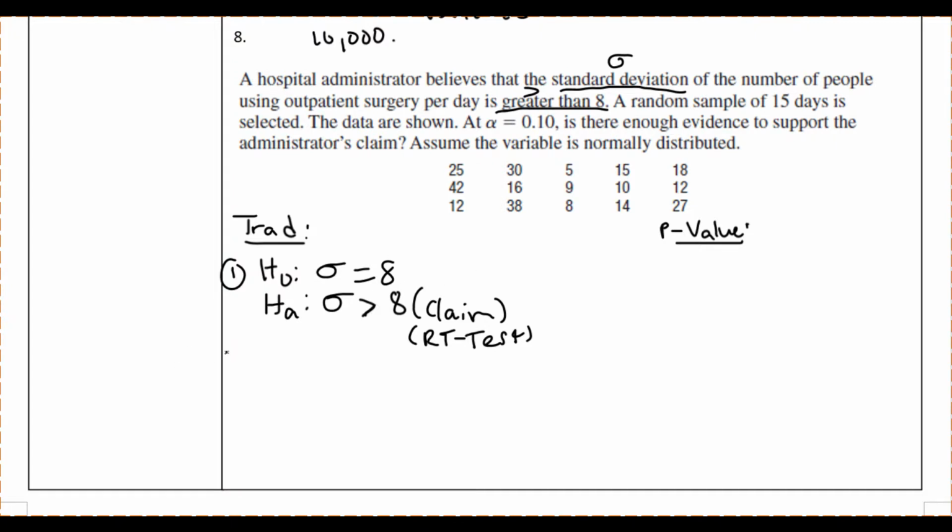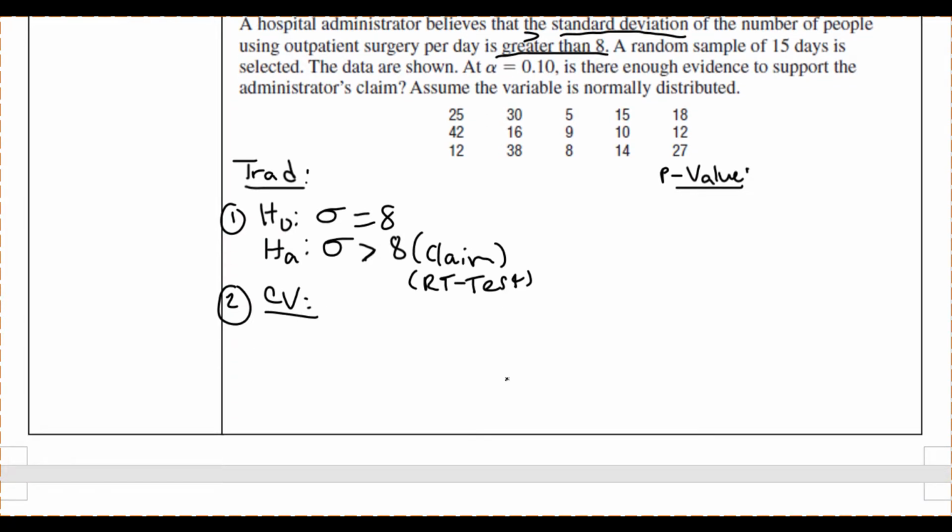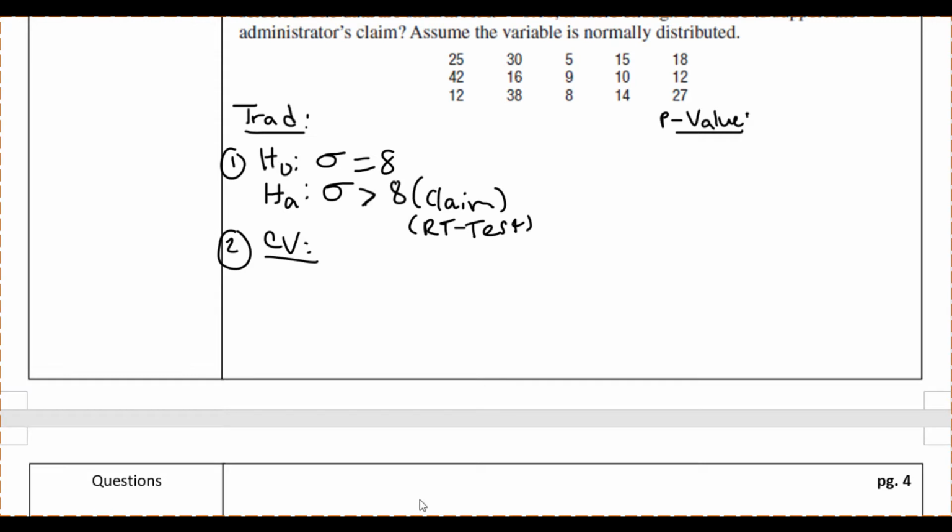So now for step 2, we need to find the critical value. Since we're doing a right-tailed test, we only need to look up the value. We don't need to subtract from 1 or anything like that. So I'm going to go ahead and draw a generic distribution. First off, though, the alpha is 0.10 and my df.